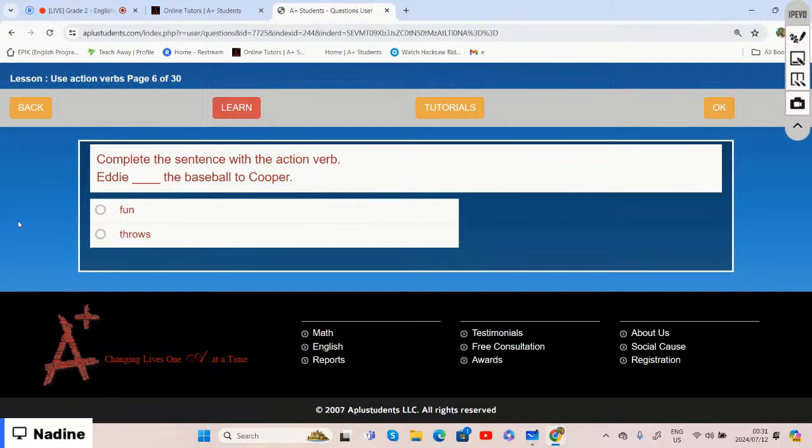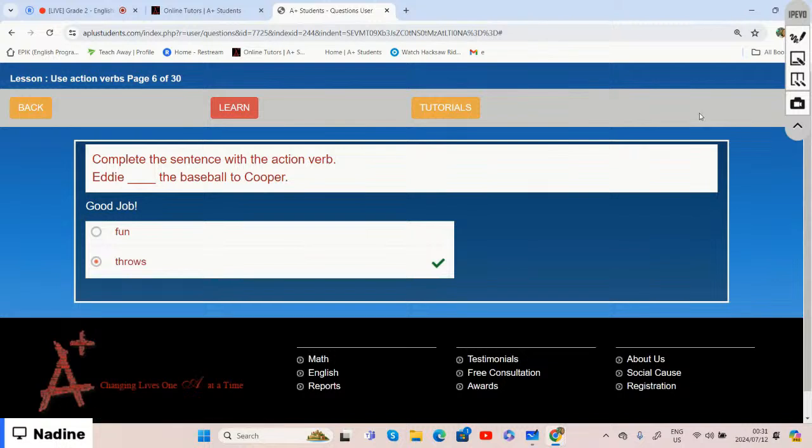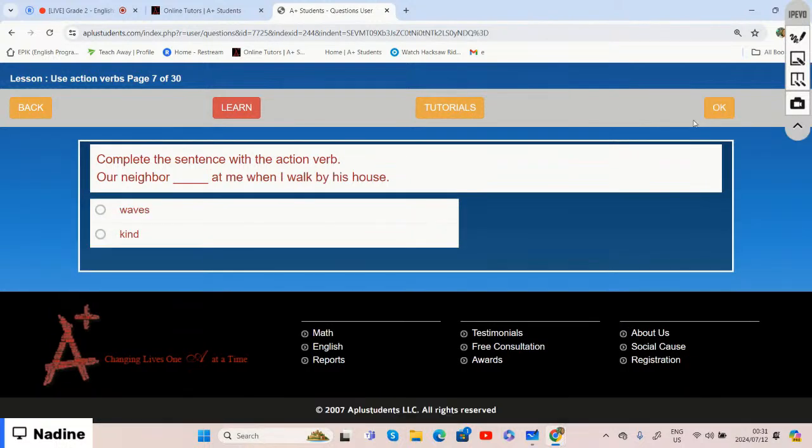And if we were to choose our correct option, we would say Eddie throws the baseball to Cooper, because throws is the action verb that tells us what Eddie did.